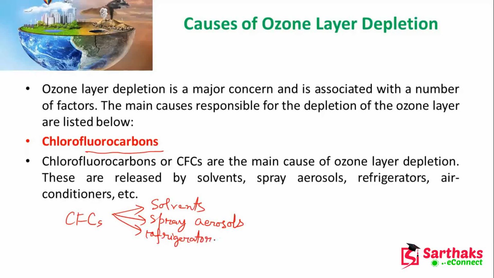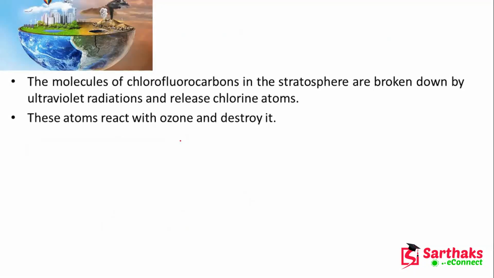I think all of you have refrigerators in your home, and most of you are using air conditioners. From these, CFCs will be released. And the chlorofluorocarbon molecules in the stratosphere are broken down by ultraviolet rays and release chlorine atoms.